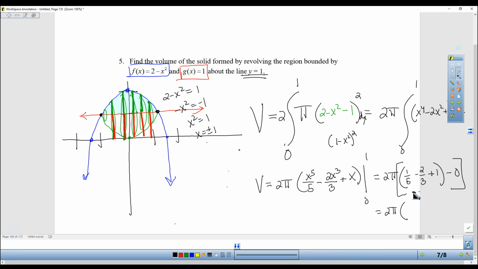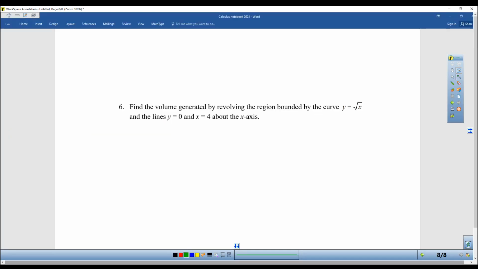And we're almost done. We just need to give this a common denominator. This is 3/15 minus 10/15 plus 15/15. 18 minus 10 is 8/15, times 2 is 16/15.